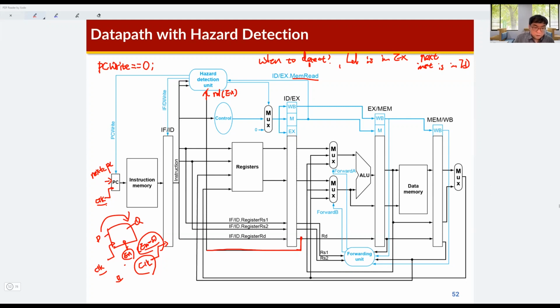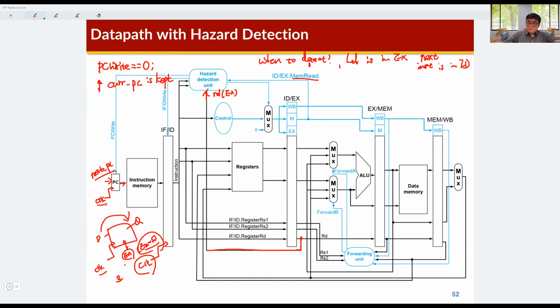So at the rising edge of the clock, the PC is not updated from the next PC value. So the current PC is kept because it's not updated. And if the PC is not updated, the instruction memory will not generate a new instruction, because this is just the memory and the address is given to the instruction memory.